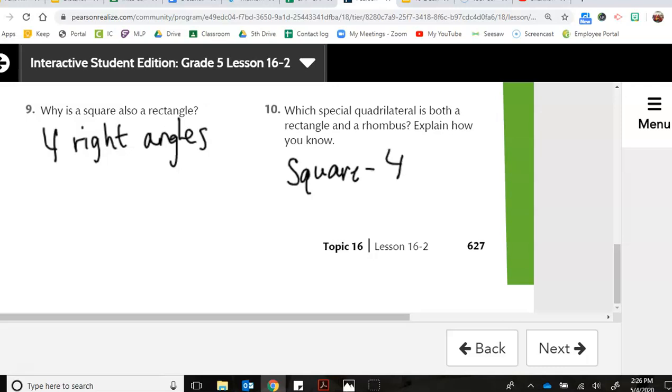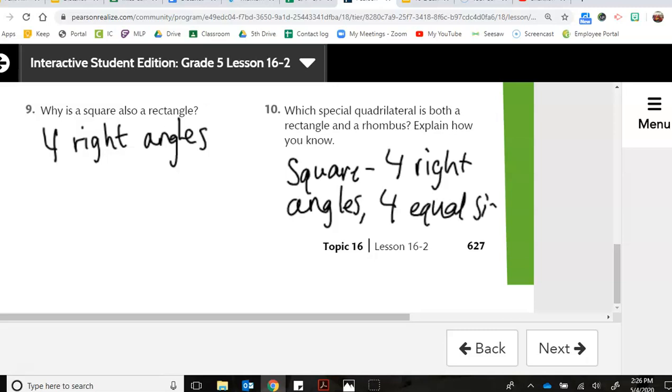Square, because it has 4 right angles, just like a rectangle, and it has 4 equal sides, just like a rhombus.